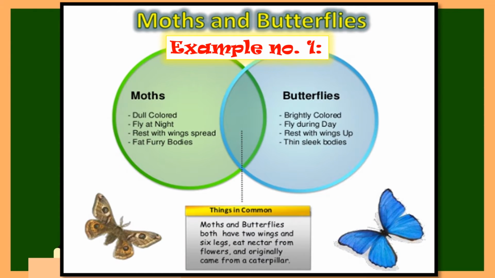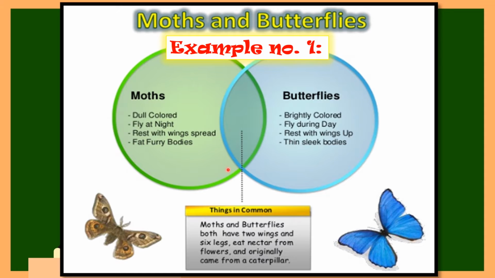Okay, let's continue. So this picture shows the similarities and difference between moths and butterflies. So the characteristics of moths had been placed in the first circle, which is this one. So ang ibig sabihin, ito yung ating first set sa given Venn diagram.